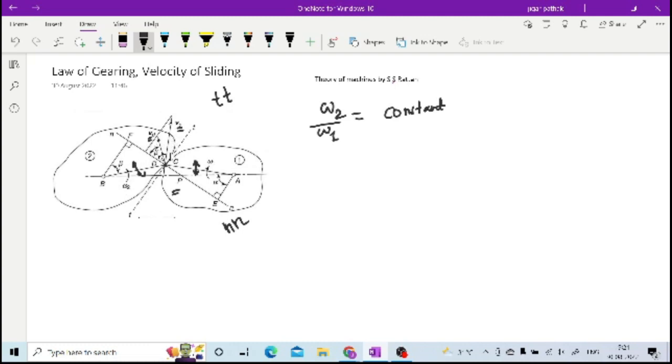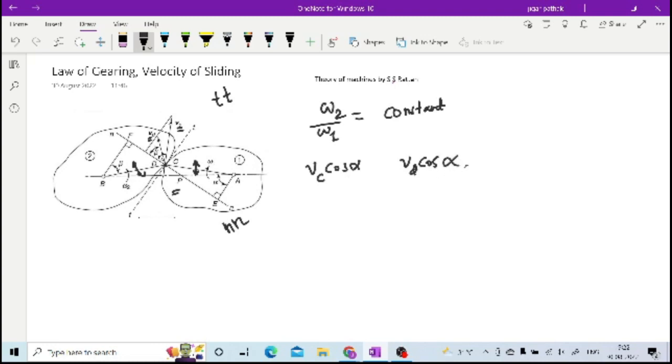Now you have both velocities VC and VD, along with the angles they make with the common normal. The velocity of C along the common normal is VC cos alpha, and in the case of D it is VD cos alpha.